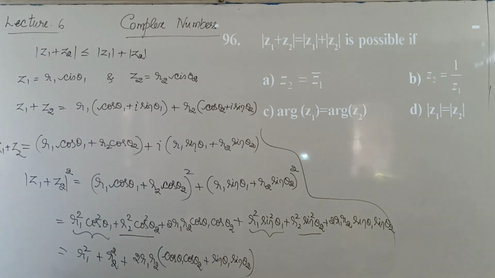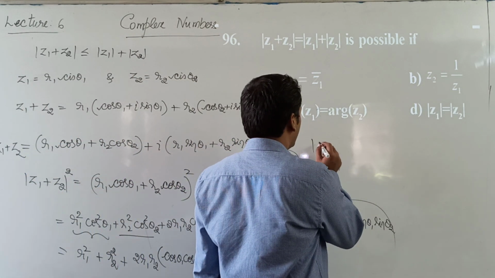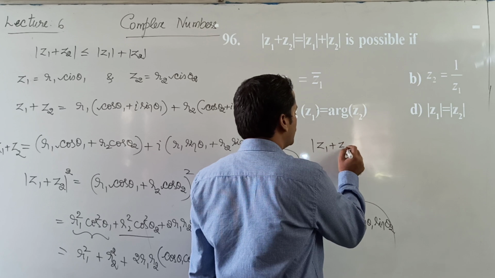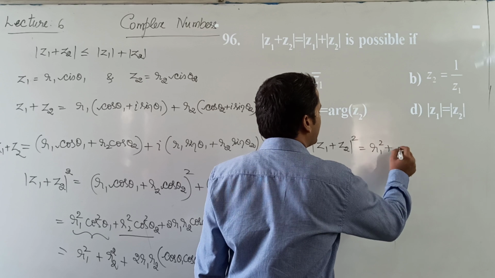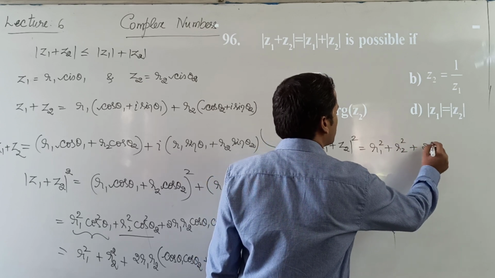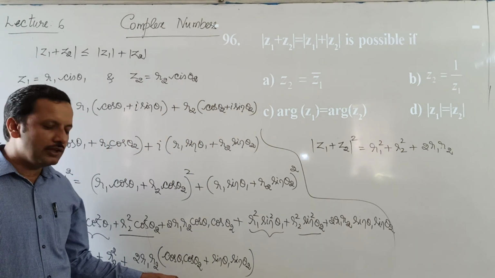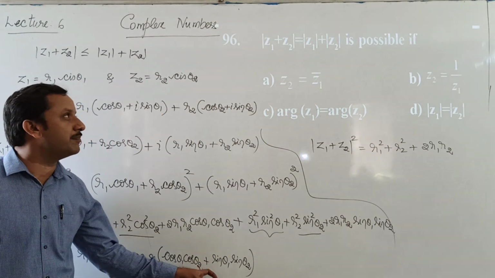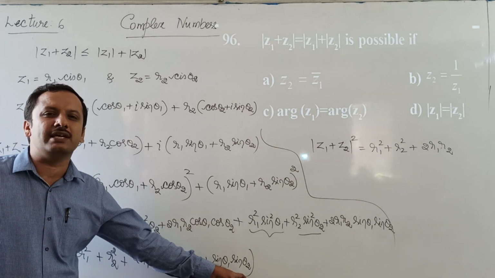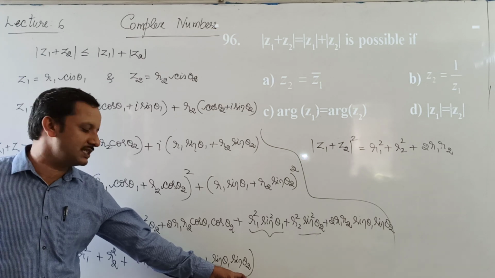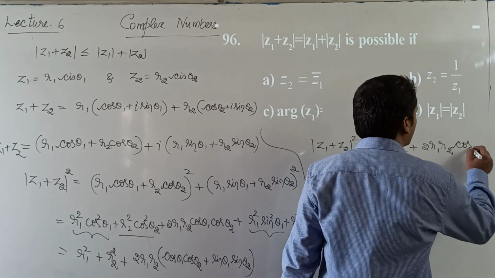So now we have mod of z1 plus z2 whole square is equal to r1 square plus r2 square plus 2 r1 r2 into, look at this, it looks like cos a cos b plus sin a sin b, which is equal to cos of (a minus b). So this gives cos of (theta 1 minus theta 2).